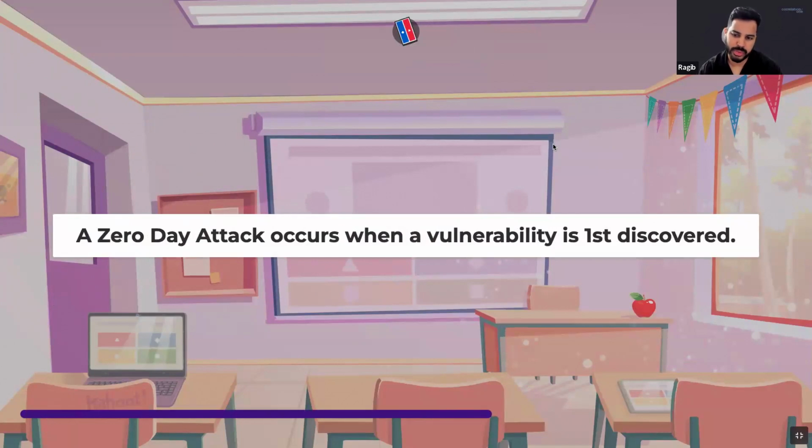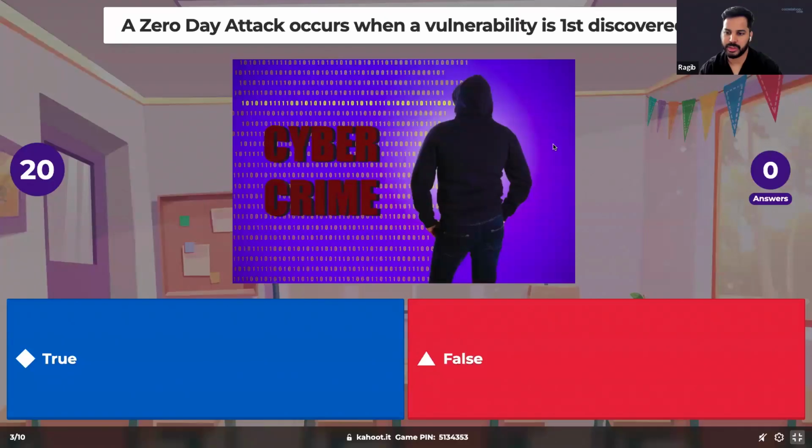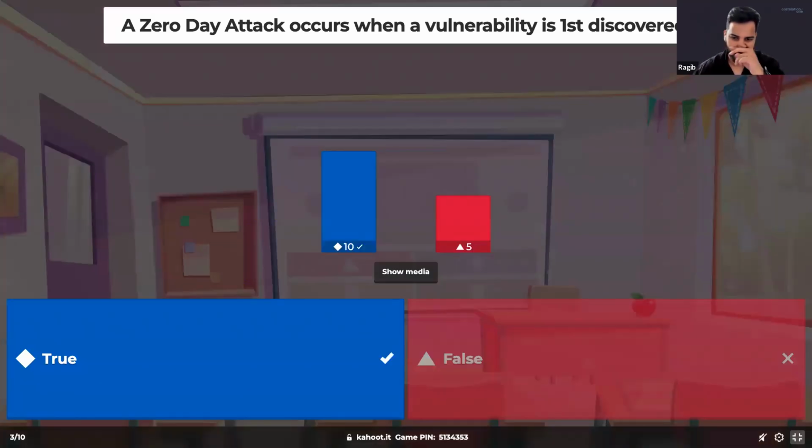A zero-day attack occurs when a vulnerability is first discovered. The hint is given there, right? Zero day, so it hasn't been discovered yet.